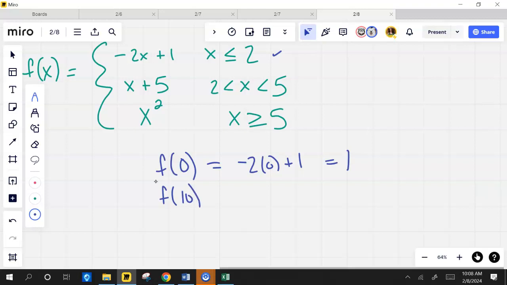That's the bottom one because 10 is bigger than 5, so I get 10 squared. One more. Because 3 falls between 2 and 5, I get 3 plus 5, which is 8.